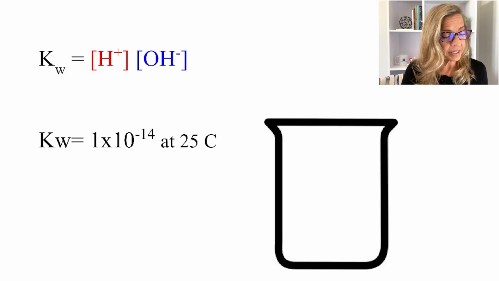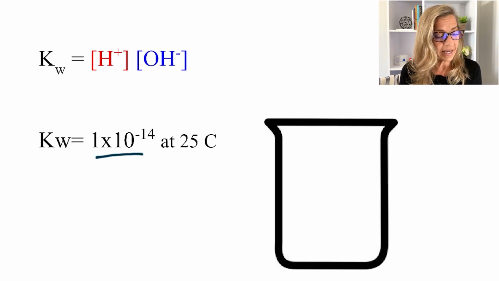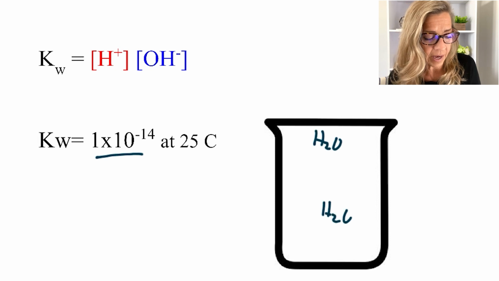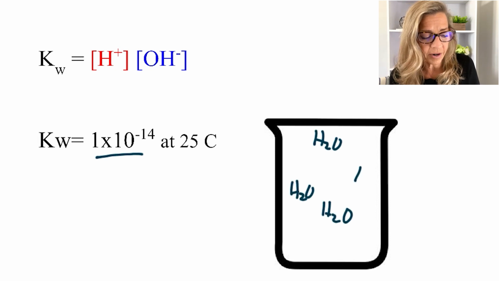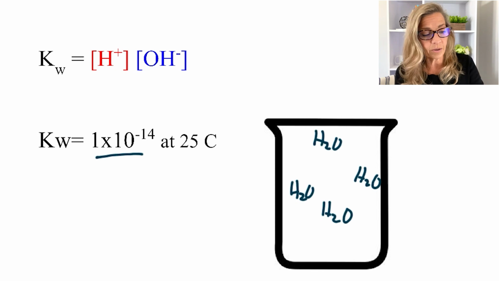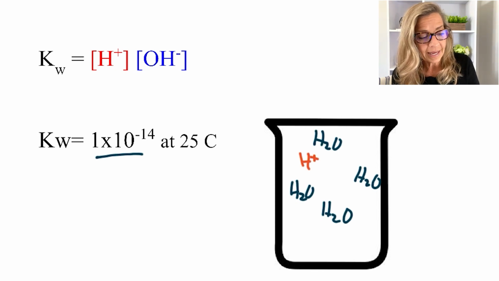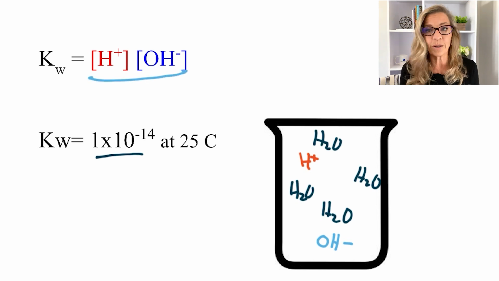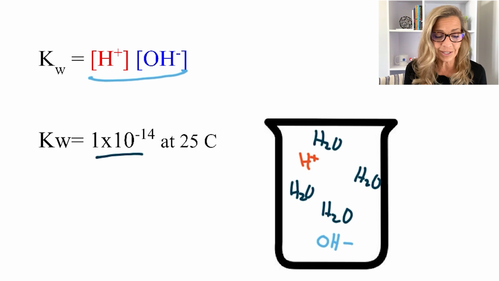At 25 degrees, this happens to be 1 times 10 to the negative 14th. In solution, mostly we're going to have water. In a glass of water, it's mostly water molecules, but there are a few H pluses and OH minuses, and those concentrations multiplied together give you a tiny number, 1 times 10 to the negative 14th. This happens to be the basis for the whole pH system.